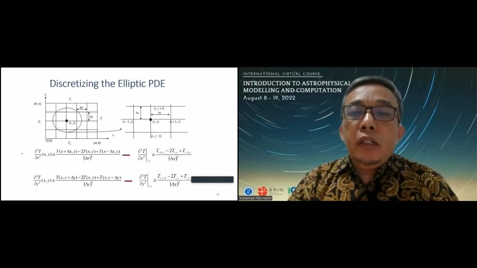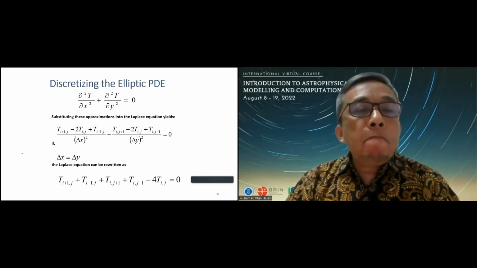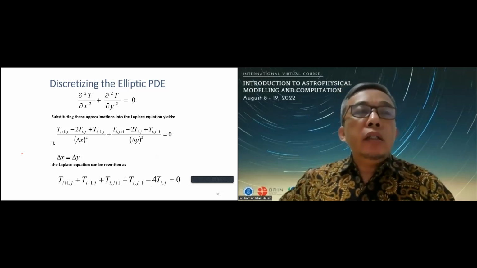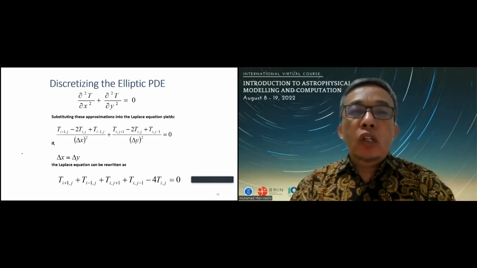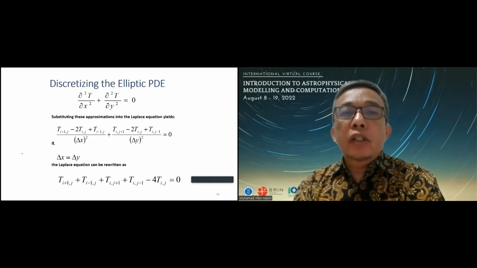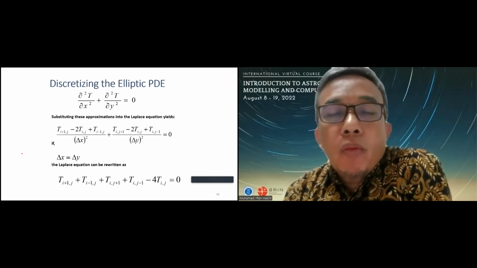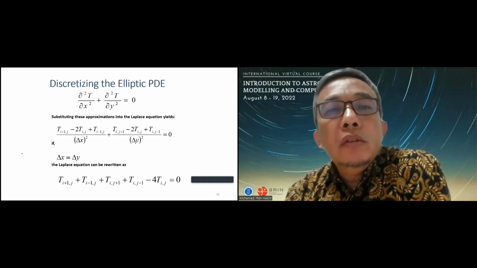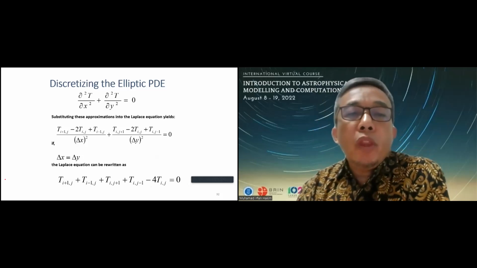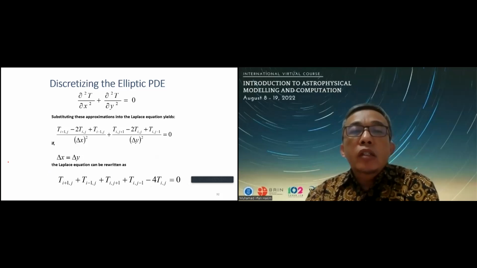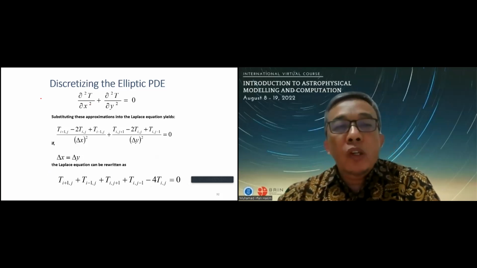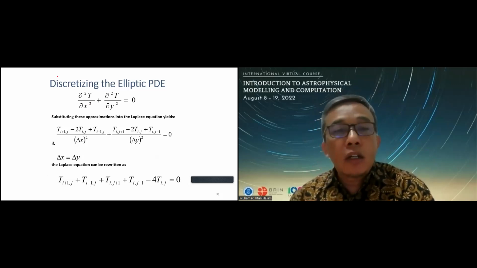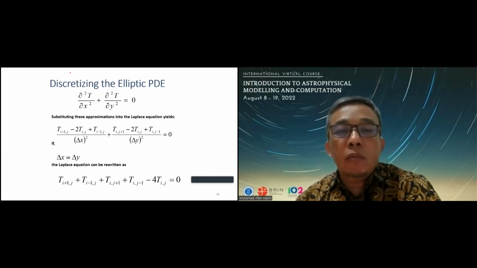What we are doing here is discretization using a homogeneous structured mesh. And if we rearrange this approximation, we come to another algebraic system here.